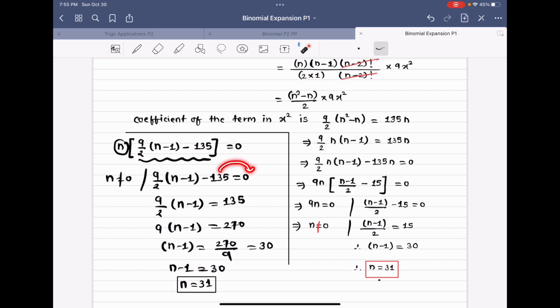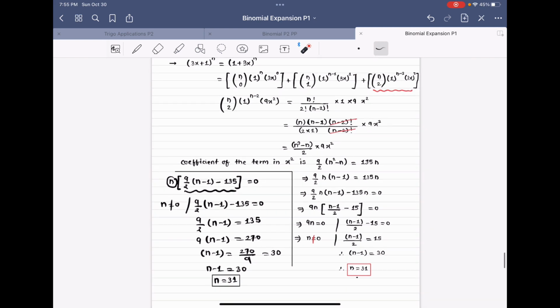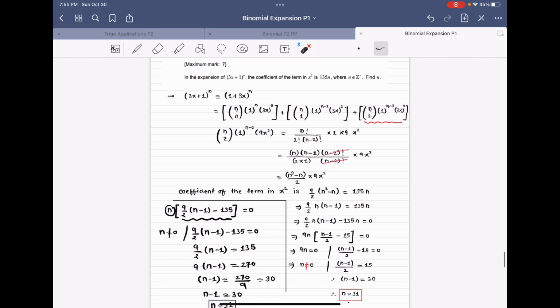Take 135 on this side, plus 135. Multiply both sides by 2. So 2 and 2 get cancelled. So 9 into (n minus 1) is equal to 135 into 2 is 270. Divide both sides by 9. So 9 gets cancelled. So n minus 1 is equal to 270 upon 9 is 30. n minus 1 is 30. So n is equal to 30 plus 1, taking minus 1 on this side, is 31. Still you will get the same answer. So n is equal to 31 is the answer.